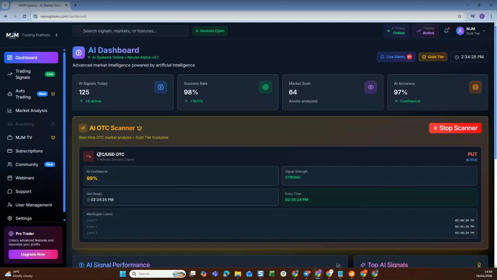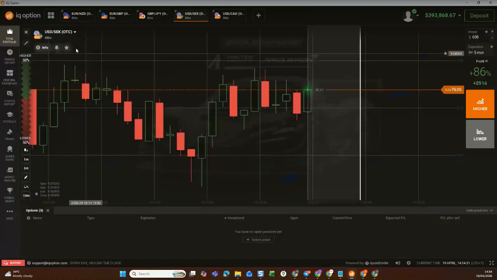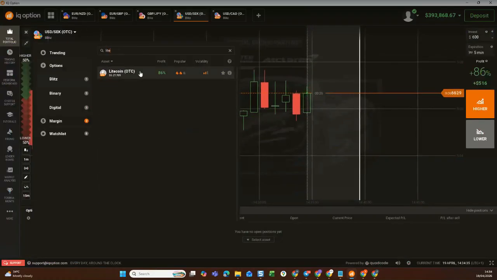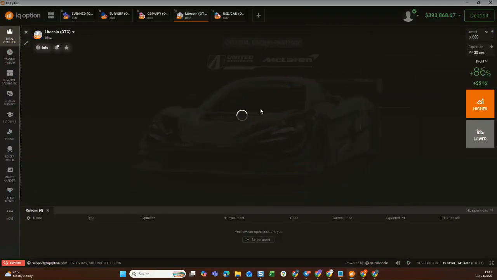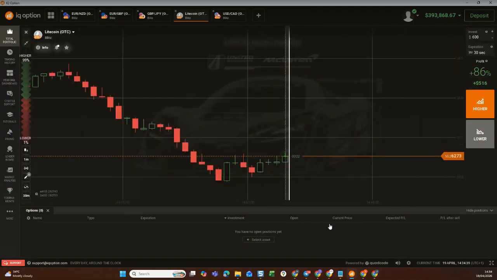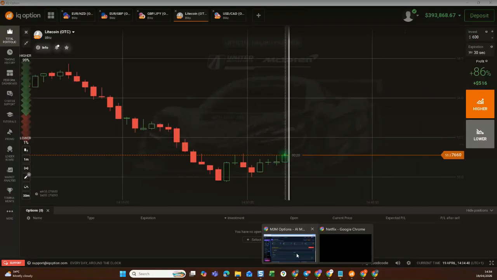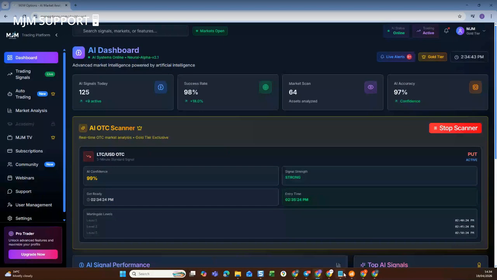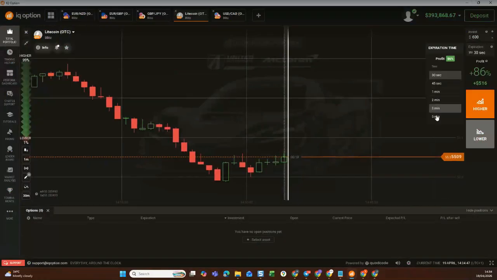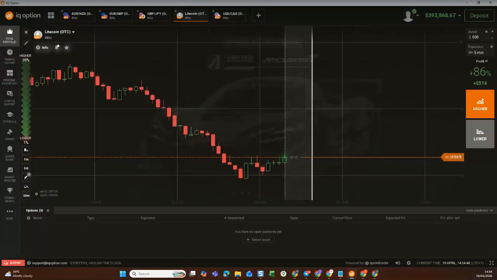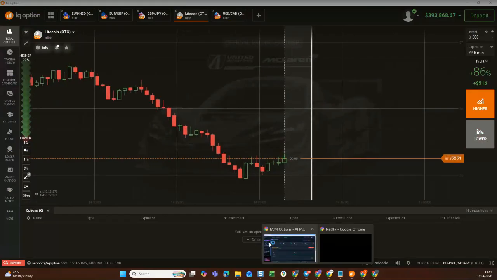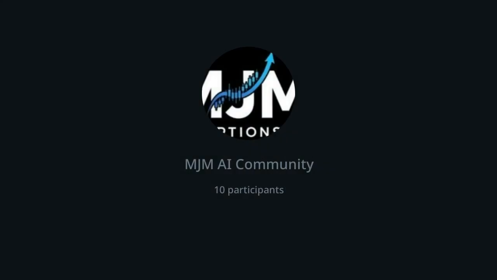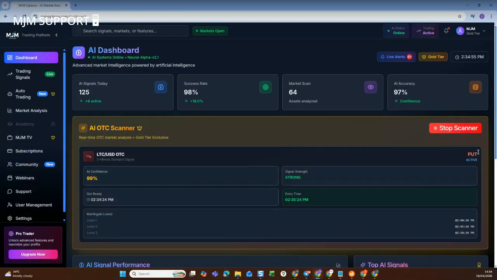What is the pair? The pair is LTC USD. That is Litecoin. Make sure you search LITE, then you see Litecoin. Now, the next thing you have is 5 minutes standard signal, so that means you're trading forward for 5 minutes. The next thing you have to check for is the direction. It is Put, so that means you're going to be selling.